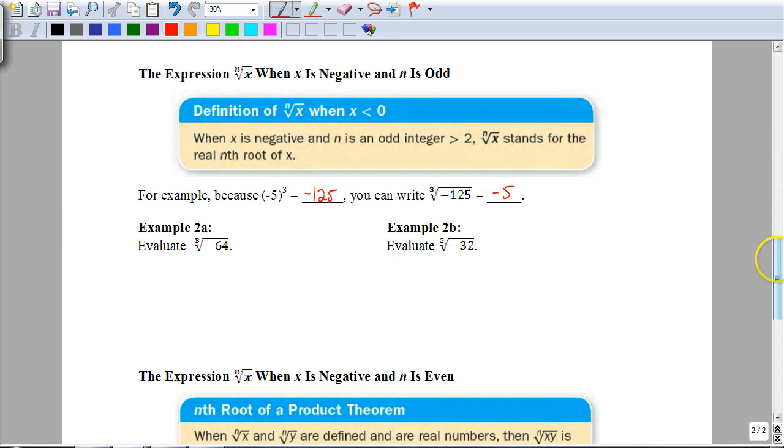So what this box is essentially saying, to put this in better terms, is that the odd root of a negative number is always negative.